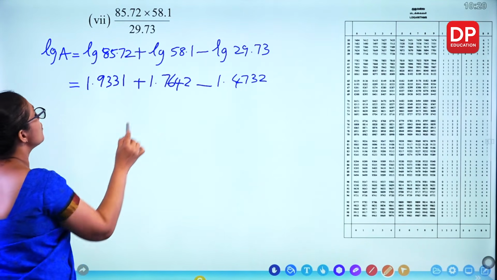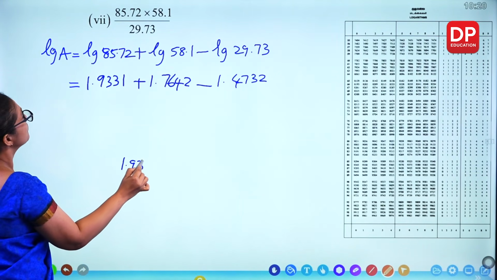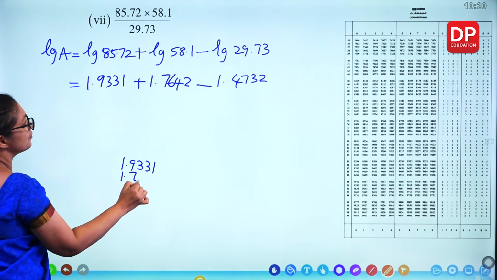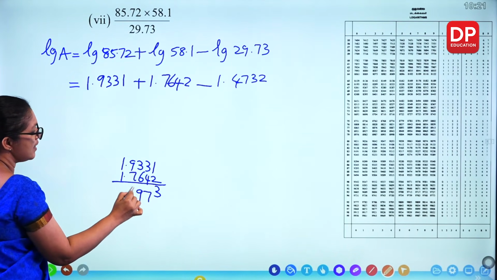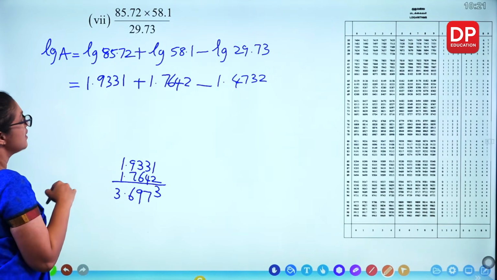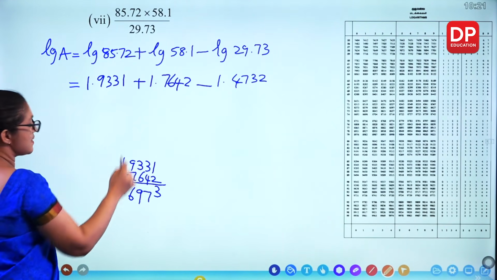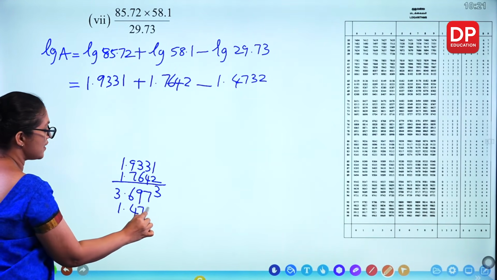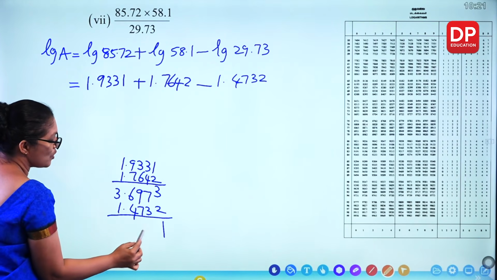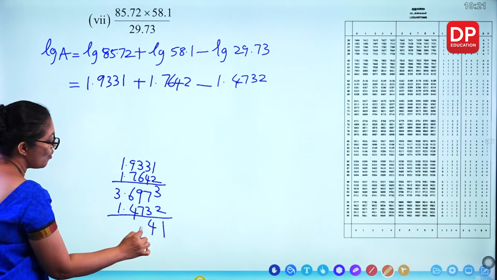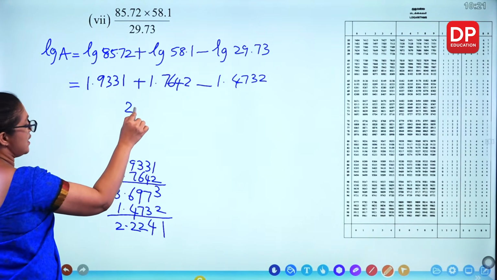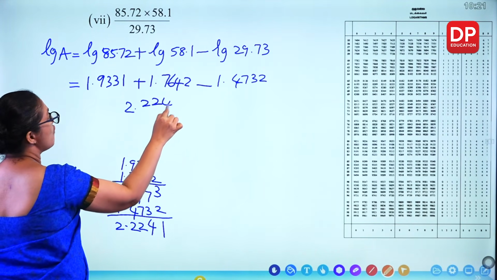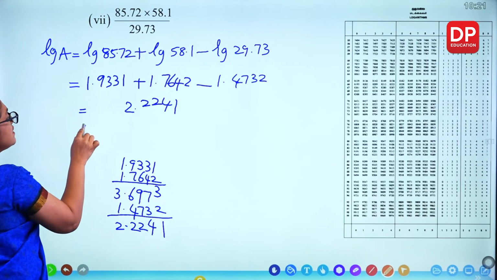Now add these two. You get 3.793, so 3 point this, and then subtract 1.4732. When you subtract, you get 2.2241. Take antilog.